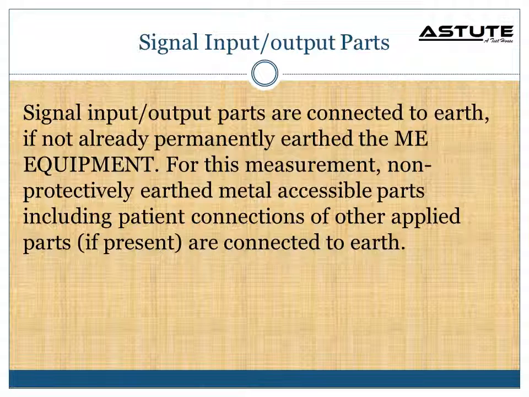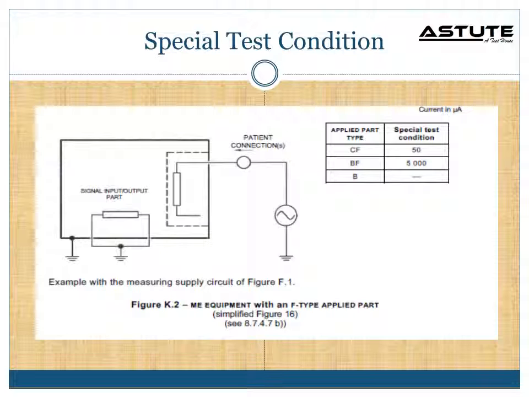If mains voltage is accidentally applied to a signal input or output part due to a fault in the external equipment, then there is an effect on the leakage current. So, if a SIP or SOP part is available on the equipment and the equipment has an F-type applied part, then leakage current is measured in special test condition.